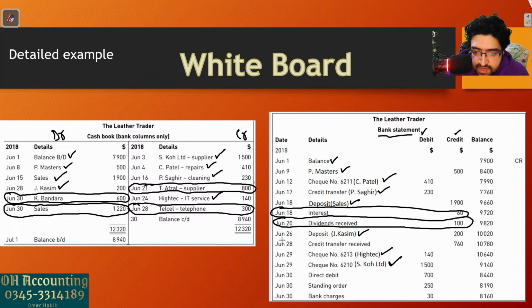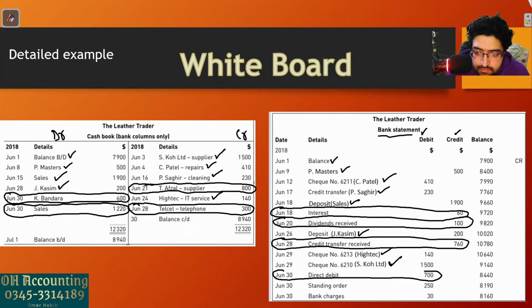We have credit transfer received. Okay, what else do we have? We have direct debits, standing order, and finally bank charges. So these things are circled on the bank statement.